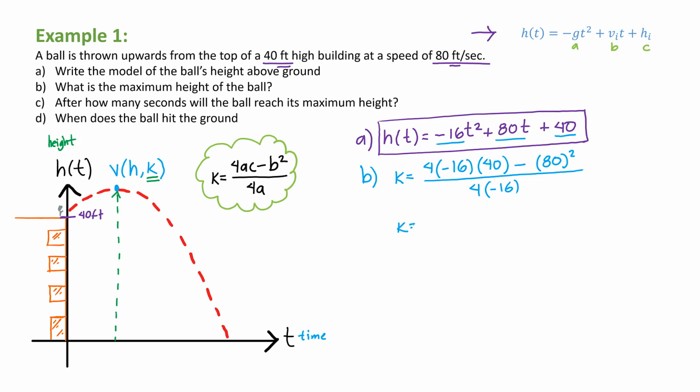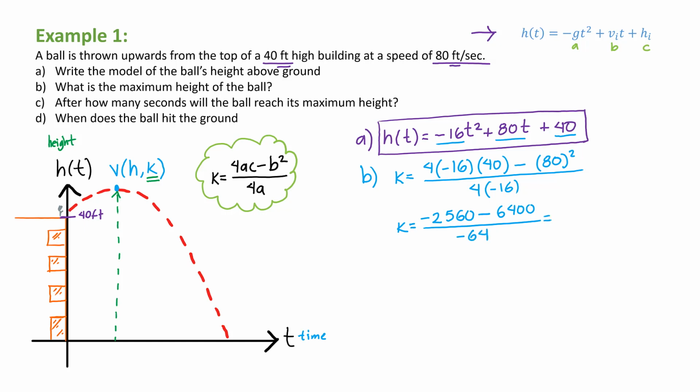So K equals 4 times minus 16 times 40, which is minus 2,560, minus the square of 80, that's 6,400, over 4 times minus 16, which is minus 64.